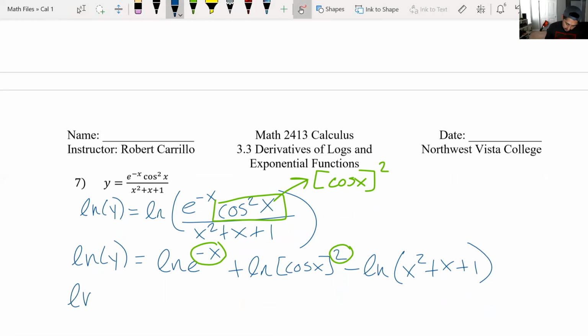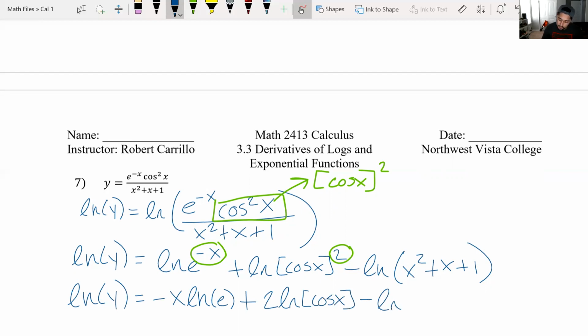So natural log y equal to negative x natural log of e plus 2 times the natural log of cosine x minus the natural log of x squared plus x plus 1.